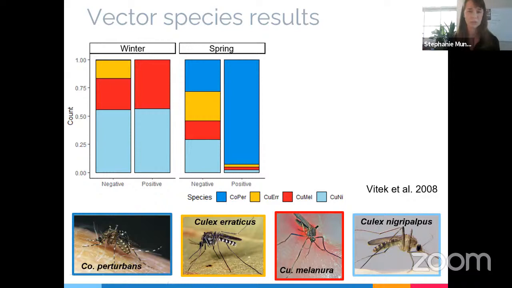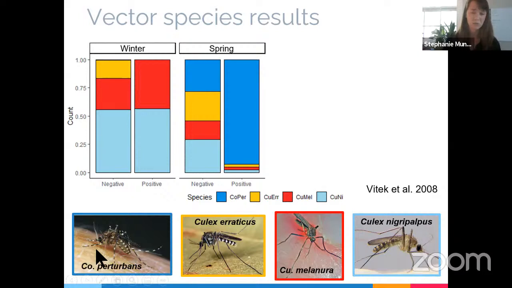So I definitely wouldn't say that this is the species that's now involved in transmission at these sites. It's much more likely that because Coquillettidia perturbans has this kind of mass emergence in the spring, and this is happening in wetland sites, that mosquito just happens to be booming at a time and a place where EEE is occurring.